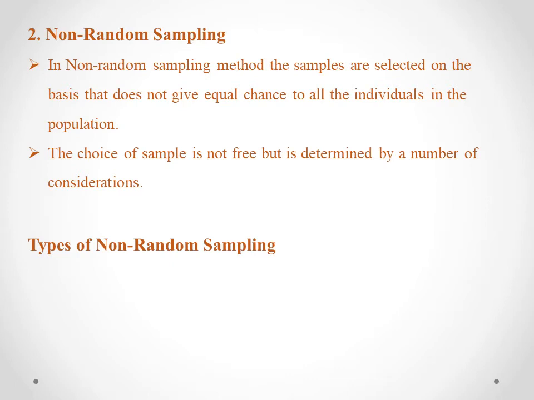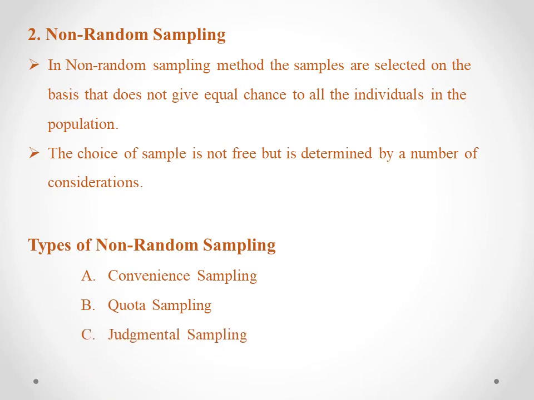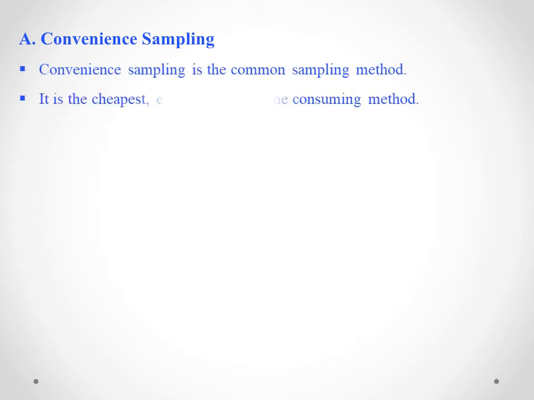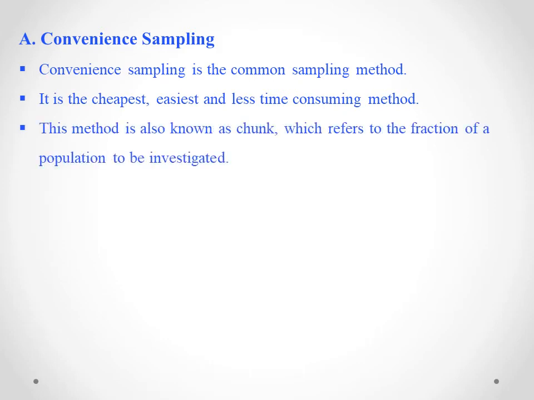Types of non-random sampling: convenience sampling, quota sampling, and judgmental sampling. Convenience sampling is the common sampling method. It is the cheapest, easiest, and least time-consuming method. This method is also known as a chunk, which refers to the fraction of your population to be investigated.